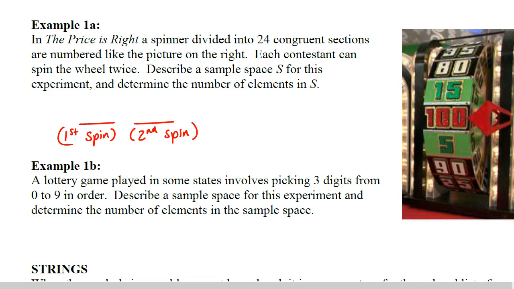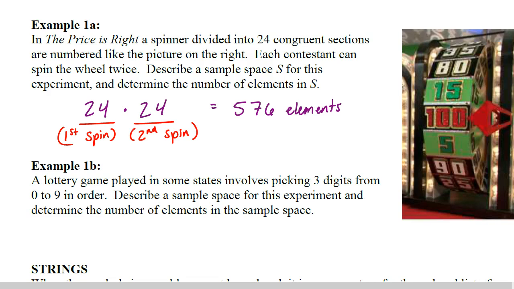On the first spin, there'd be 24 options, and there'd be 24 options on the second spin. In total, we would multiply those, because this is an AND situation. We're spinning once and another time. So we'd multiply those together, and we'd find that there are 576 elements in the set.